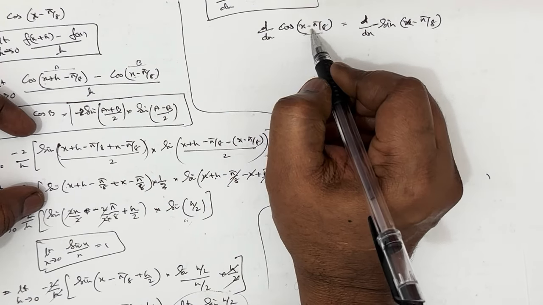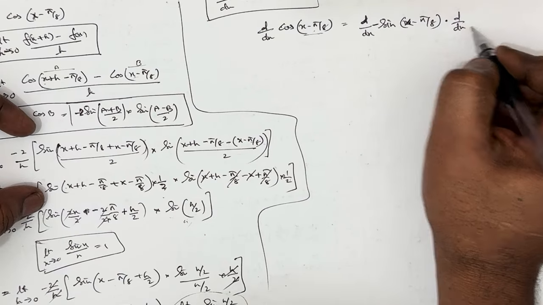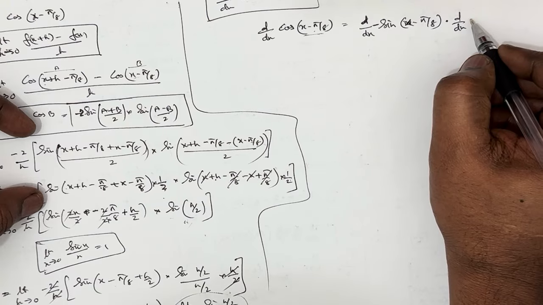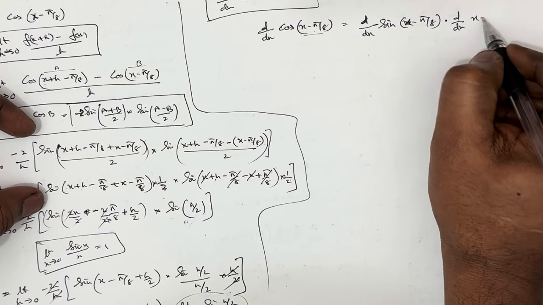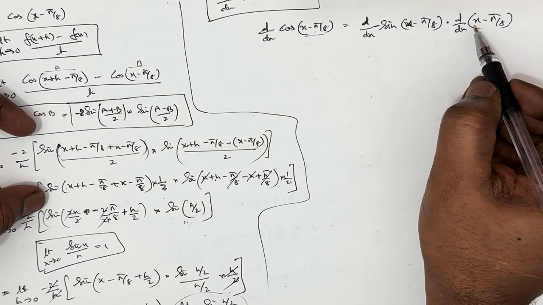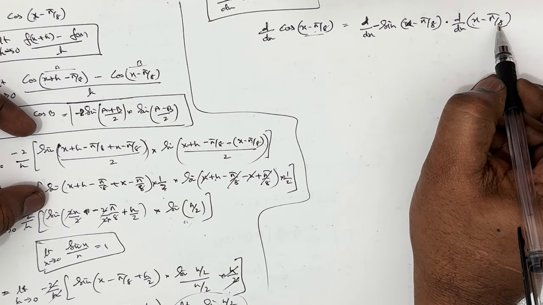But since this is not a single variable, we derive it again and multiply it to this expression. So d by dx of x minus pi by 8: the derivative of x will be 1, and since pi by 8 is a constant, it will be 0.